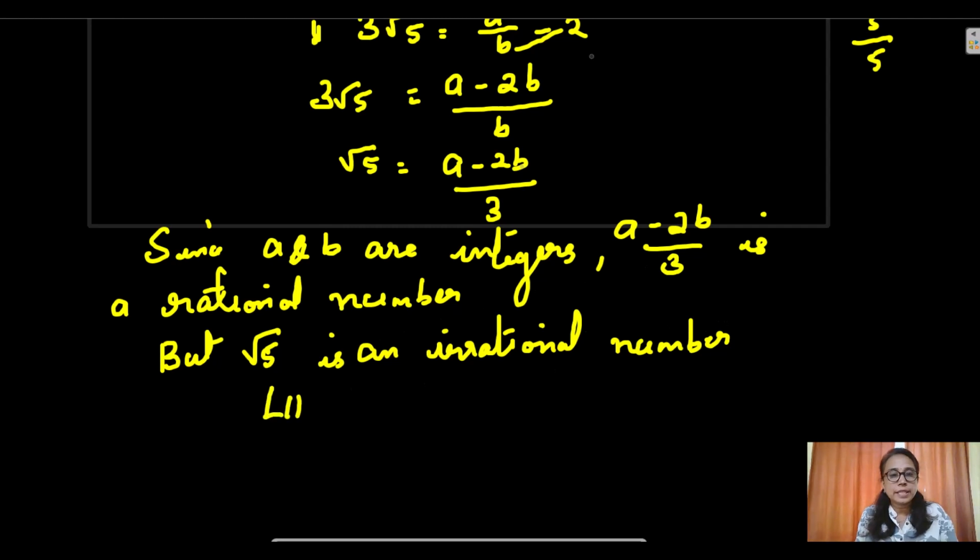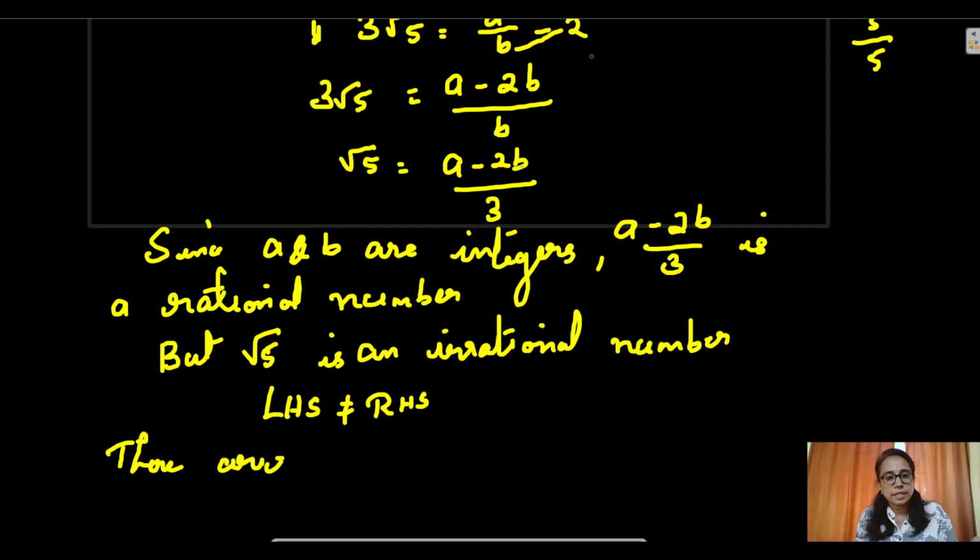So LHS is not equal to RHS. Do you understand? LHS is an irrational number, but RHS is a rational number. So there arises a contradiction. Is it possible? It's not possible, right?